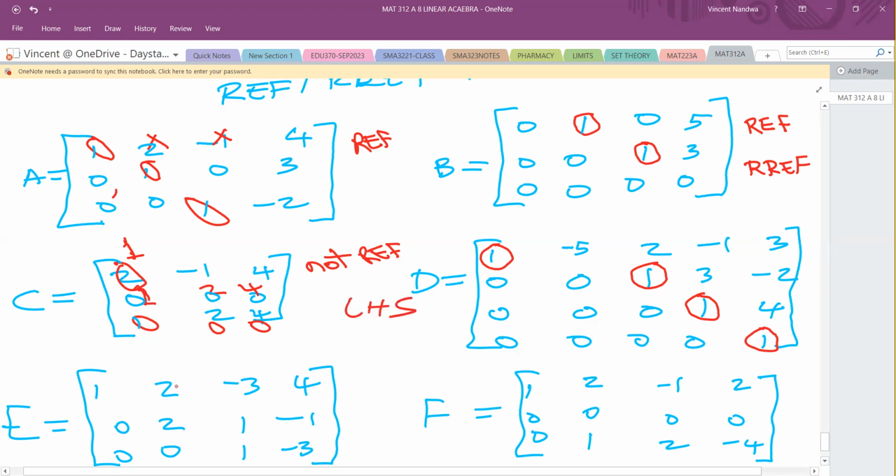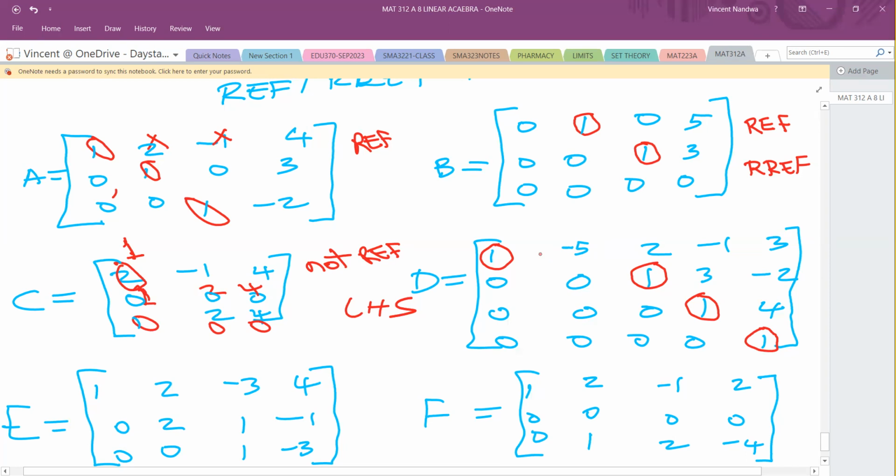So you pick this one, this one, this one, this one. In this first row, we have seen that the first non-zero number is one. So -5 has no problem. It doesn't disturb us, because the condition for the leading non-zero number to be one has been satisfied.